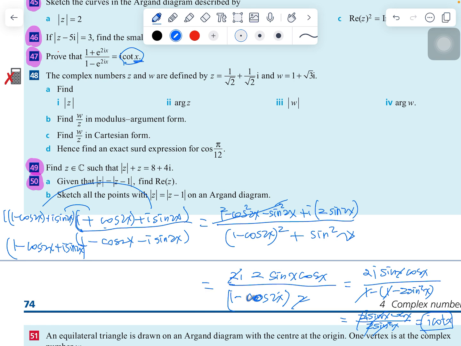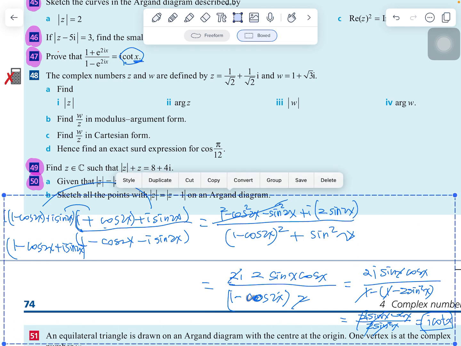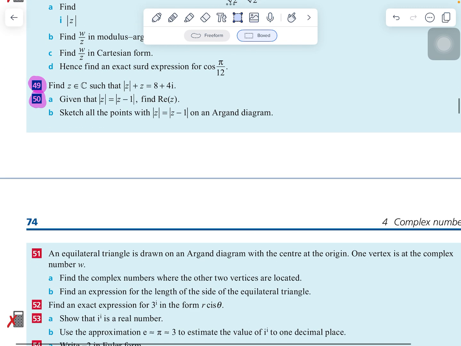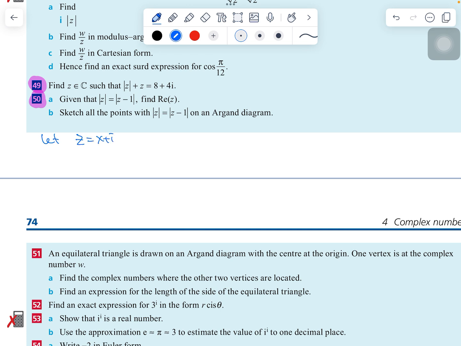And let's go to number 49. So here, let z be x plus iy. Then modulus of z, the square root of x squared plus y squared, plus x plus iy becomes 8 plus 4i. So now it's easy to find y equals 4. So square root of x squared plus 16 plus x equals 8.